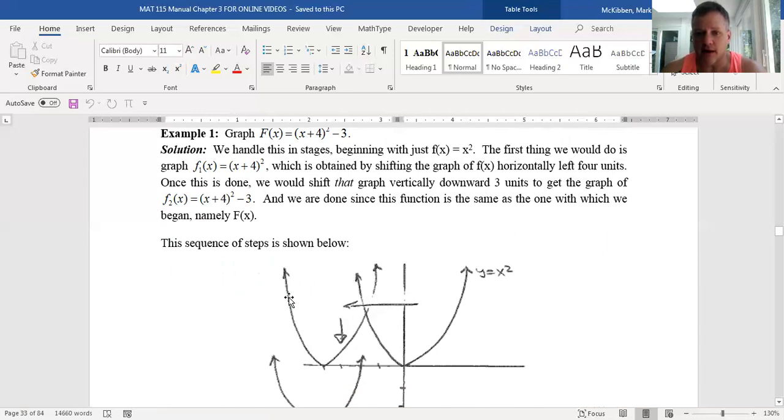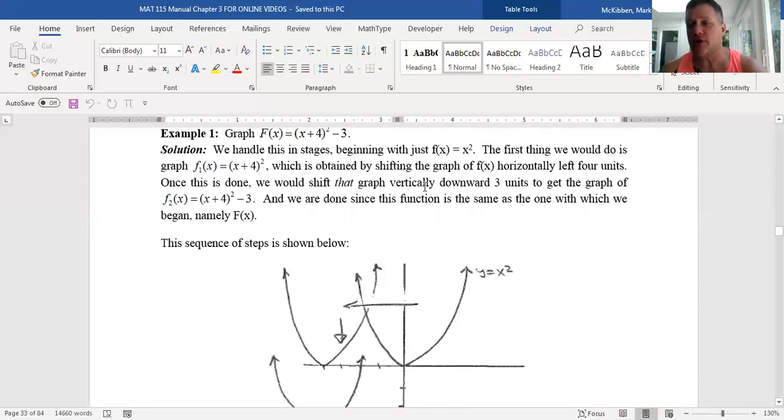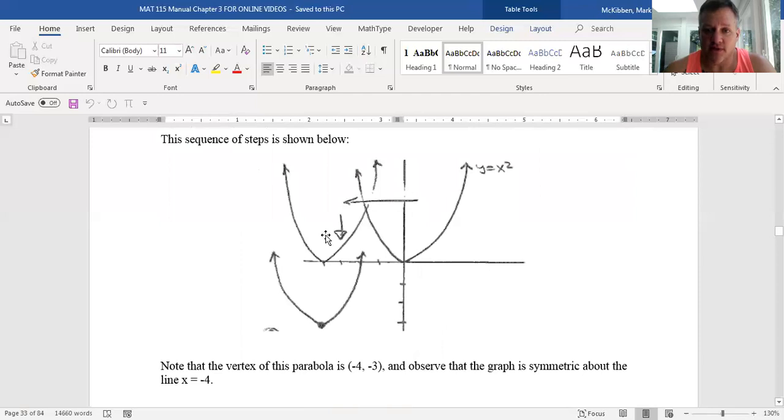This parabola here is y equals (x plus 4) quantity squared. And then once we're here, we want to subtract 3 from it to get our graph of f. But subtracting 3 from a function is going to move it down vertically, so this moves down vertically 3 units. All points move 3 units down.